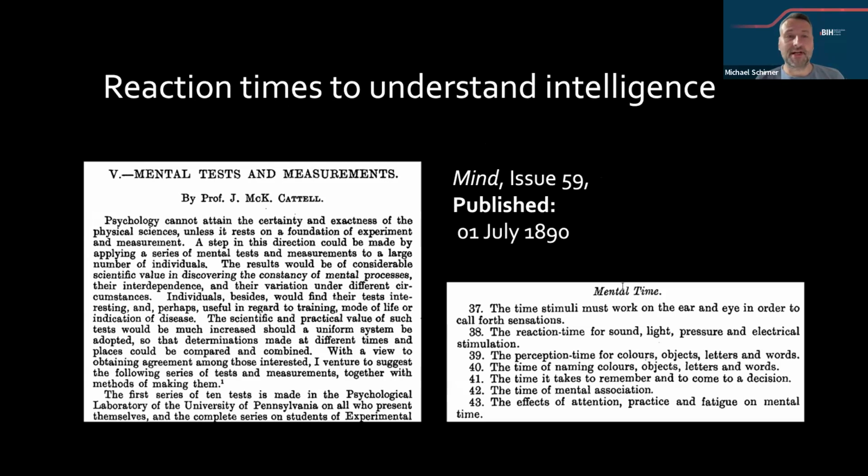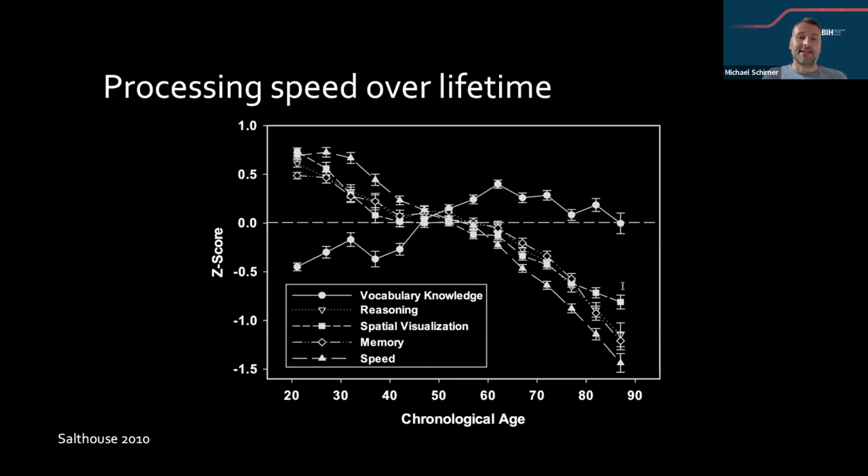So processing speed and reaction times correlate strongly with all other faculties. And this was already first demonstrated in 1890. So this was like the first intelligence test, so to say, published in the journal Mind in 1890. This was shown over and over again, and also shown over the lifetime, that there is this strong association between processing speed and the other intelligence metrics, with the exception of vocabulary knowledge, which also tends to increase.